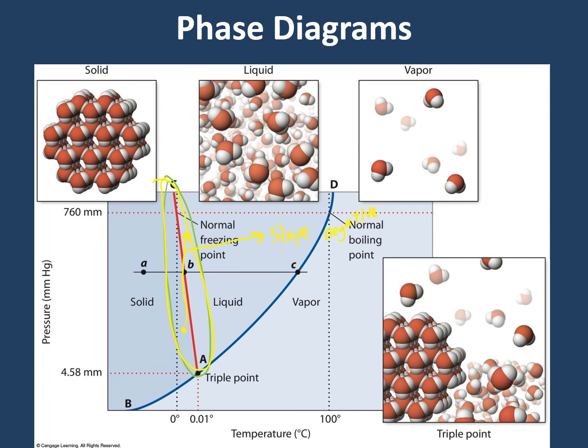This tells us that in the liquid state, the substance is more tightly packed together. In other words, more dense. This isn't just true of water. It's true of any phase diagram that has a negative solid liquid slope. The opposite slope would mean the opposite density, right? So negative slope means solid state less dense than the liquid state. Positive slope for this line would mean that the solid state is more dense than the liquid state.